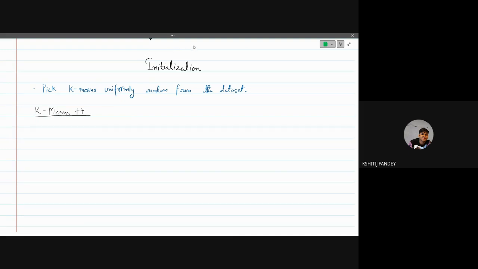Instead of assigning random means, you choose the first mean uniformly at random.